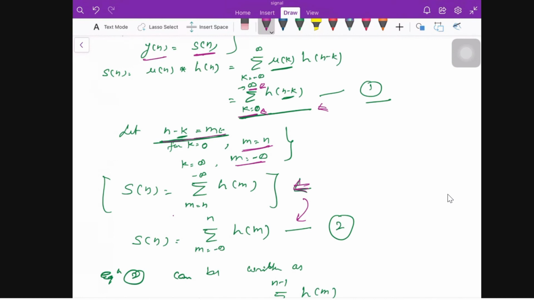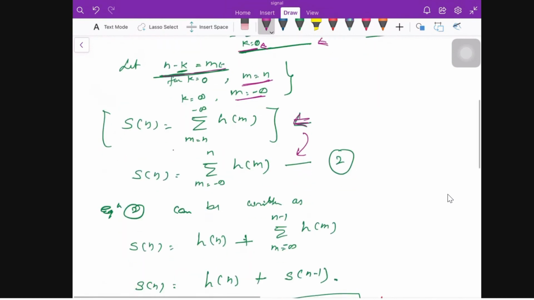Now if you want to take out the last component, what will it be? When you put m equal to n, it will be hn. So if we take hn outside, what limit is left here? The upper limit will simply be n minus 1, and that is nothing else but Sn minus 1.